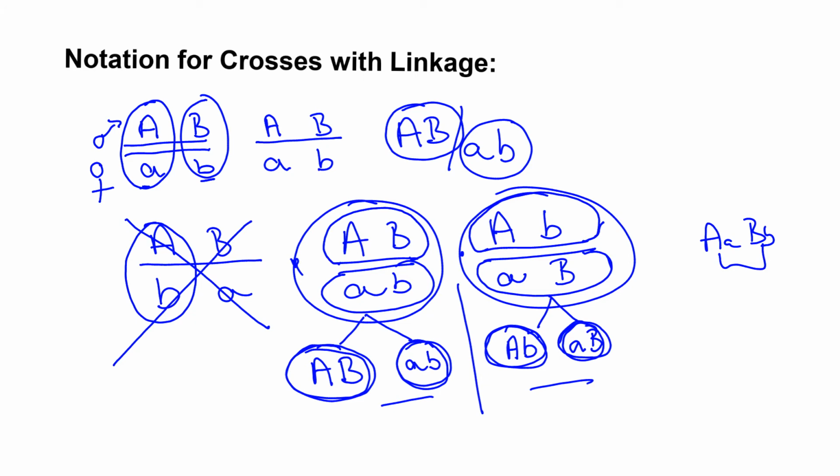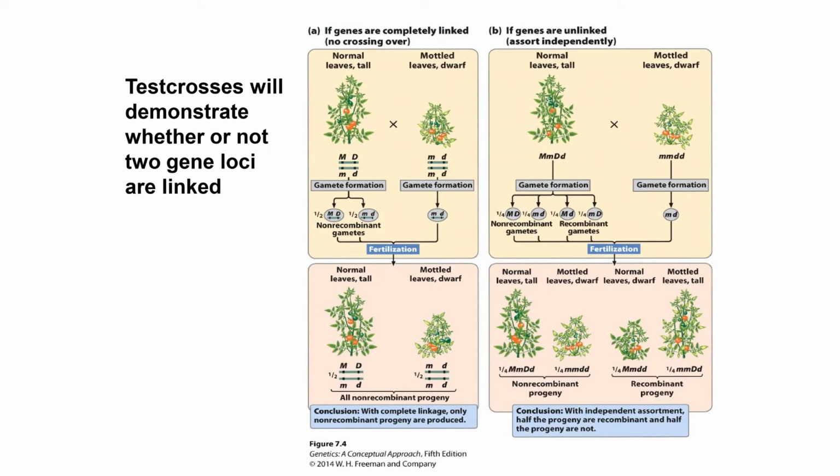So we know already how to notate linked genes. So let's now consider complete linkage versus independent assortment. How do you define whether two genes are linked or whether they assort independently? The best way to reveal that is to use a test cross, where you cross, of course, tester homozygous recessive with heterozygous plant.